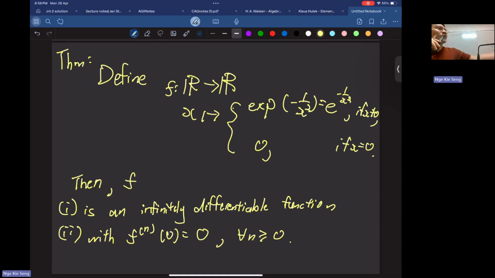So at that point, you cannot use the exponential to get the value. So you need to manually define it, and you just take it to be 0.